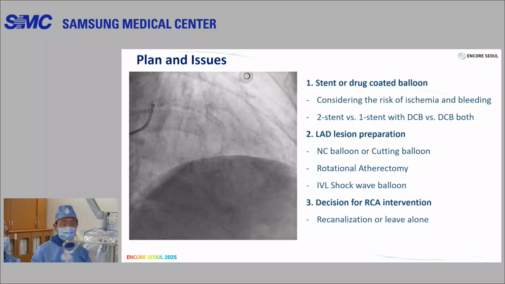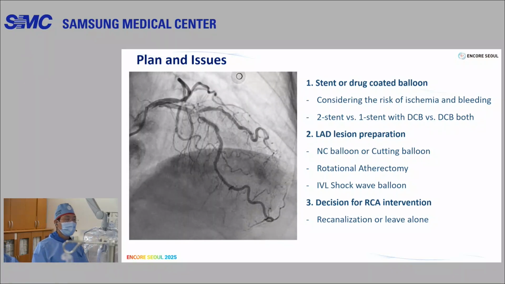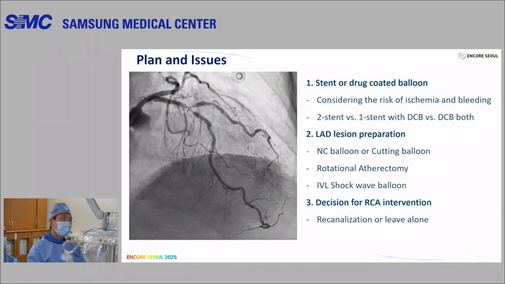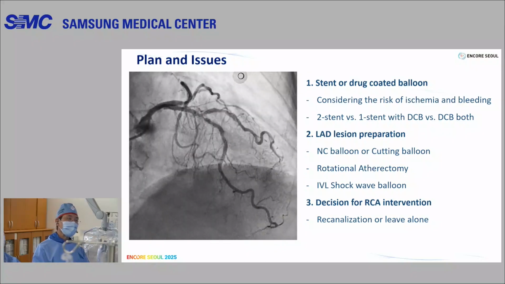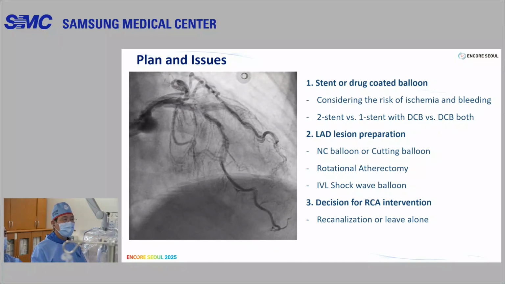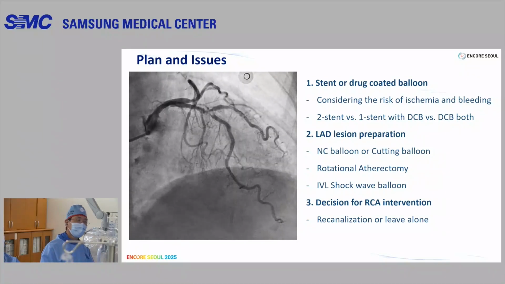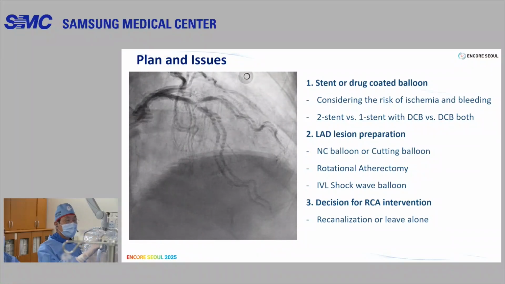A stent is needed, but with the calcifications all around the LAD, I like to finish with just a DCB for both branches. For that purpose, lesion preparation is really important. So we can consider cutting balloon, NC balloon, rotablation, IVL.